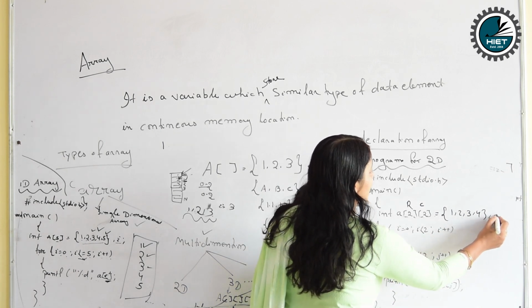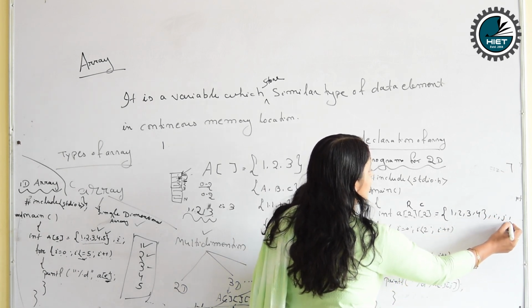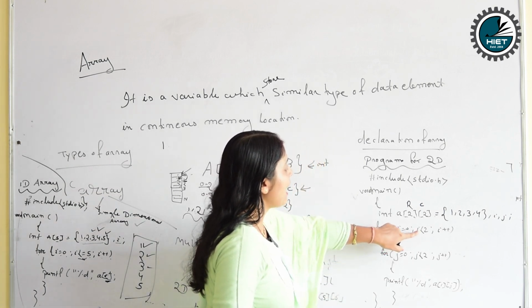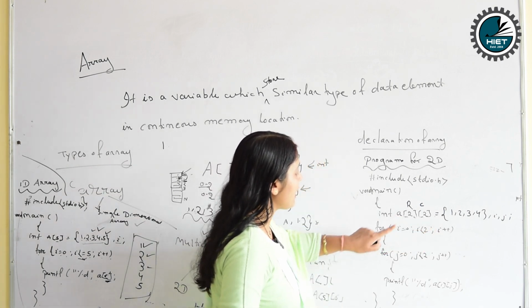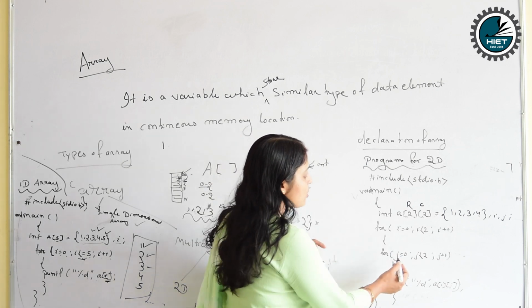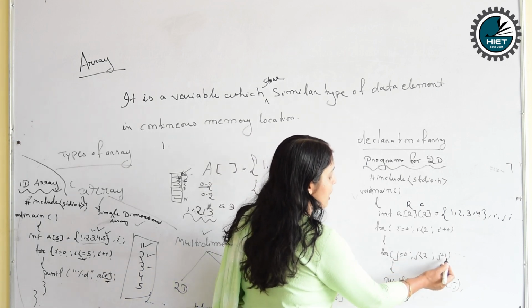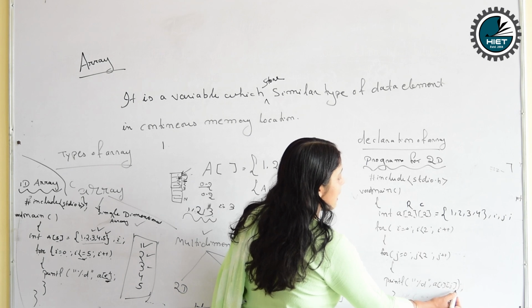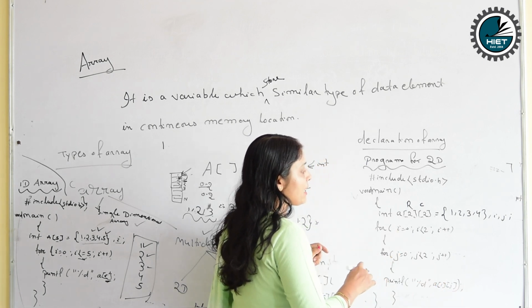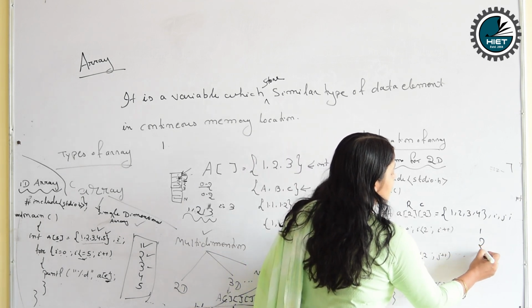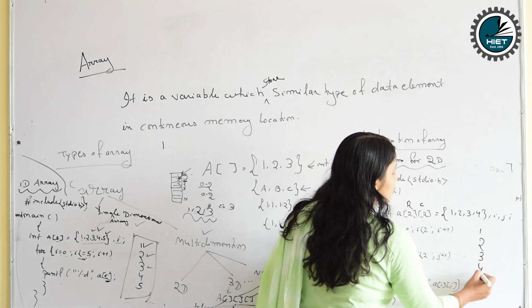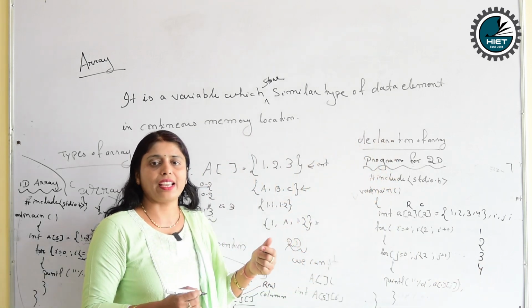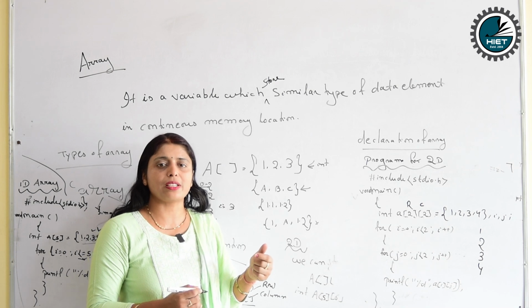Then we declare i and j also. I will take i equal to 0, i less than 2, i plus plus, and j equal to 0, j less than 2, j plus plus. Then I will print the value of array of i j, and when I execute it, it will print the output 1, 2, 3, 4. This is my two-dimensional array.